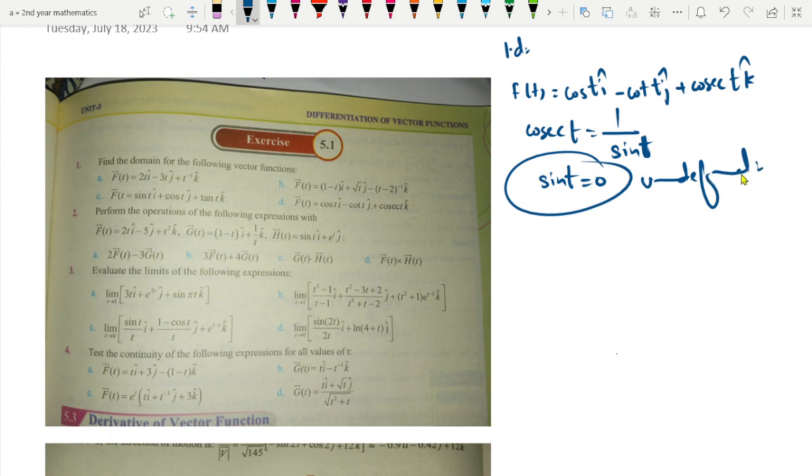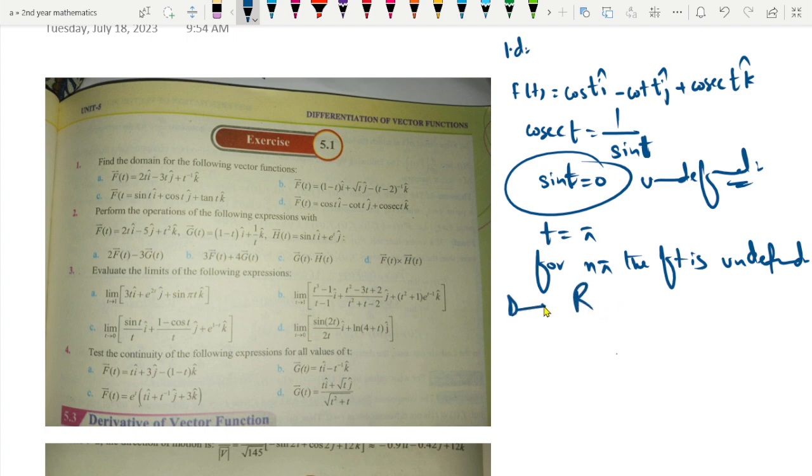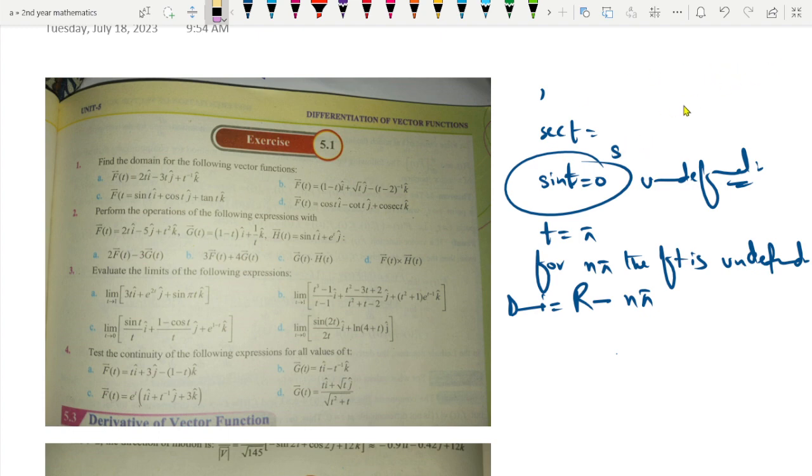And we know that sine theta is equal to 0 when t is equal to n pi. So for n pi, the function is undefined. So the domain is equal to set of all real numbers minus n pi. This is excluded. Okay. So now we will discuss question number 2.